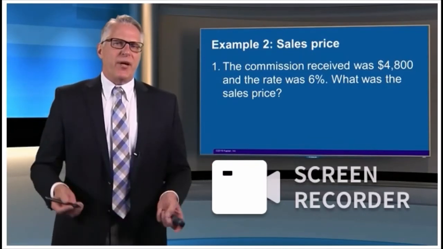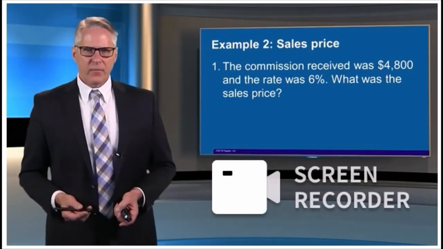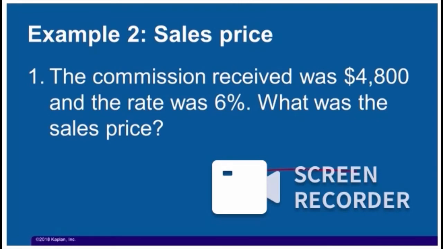So what we've got here is I'm going to draw that formula. I know the commission's up here and the rate's here and the sales price is here. So the commission's $4,800. The rate is 6%. How do I find the sale price? In my poorly drawn model here, I take that $4,800 commission and divide it by that commission rate, which is 6%.